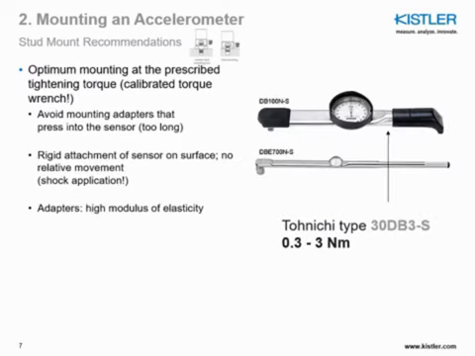As mentioned, you should use a torque wrench. Usually in the datasheet of a sensor, we recommend a torque to mount your sensor with the appropriate stud. If the torque is lower than the one recommended, you can have a moving system that would lead to a lower resonance frequency.